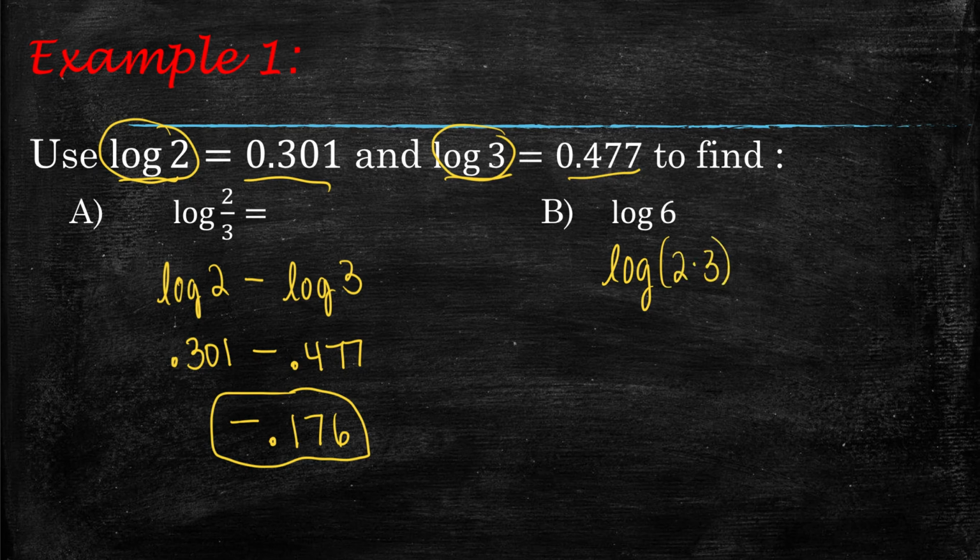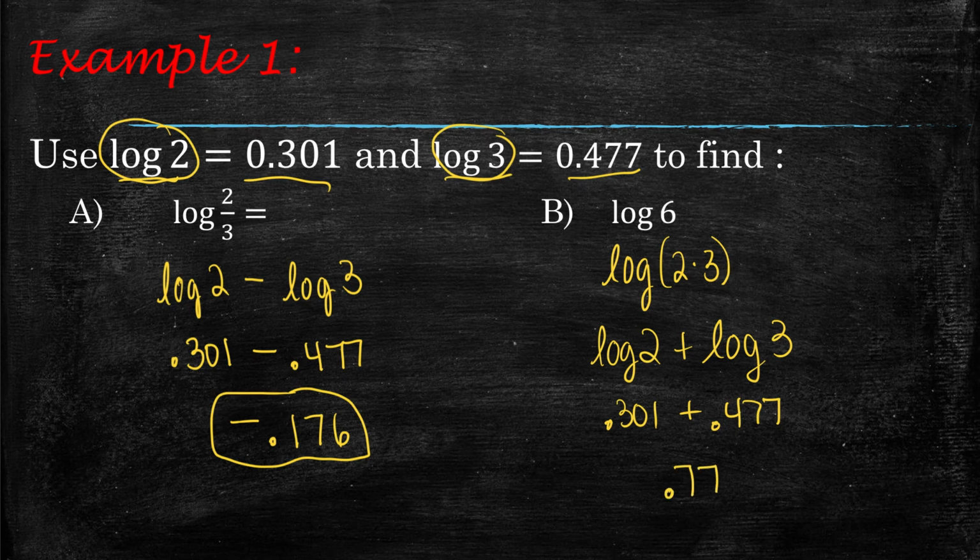And then we can use our product property and write that as log of 2 plus log of 3. And log of 2 is 0.301, and log of 3 is 0.477. So if you add those together, you get 0.778, and that's what the log of 6 equals.